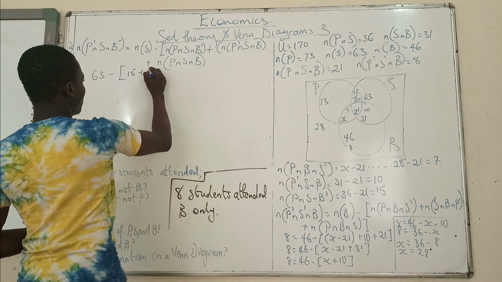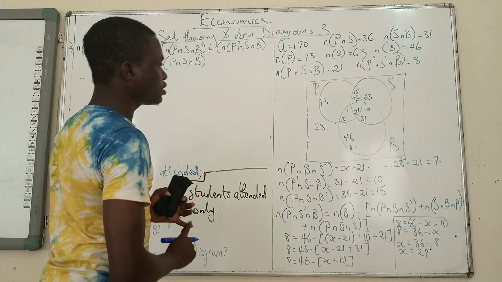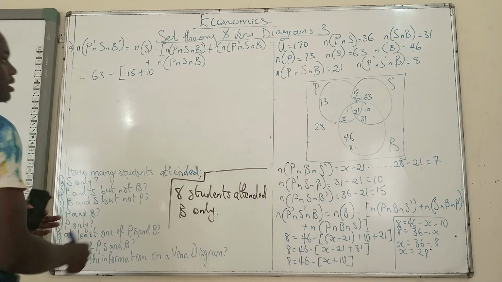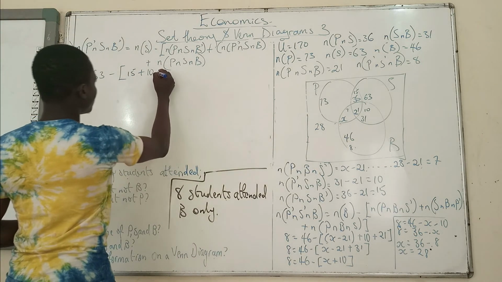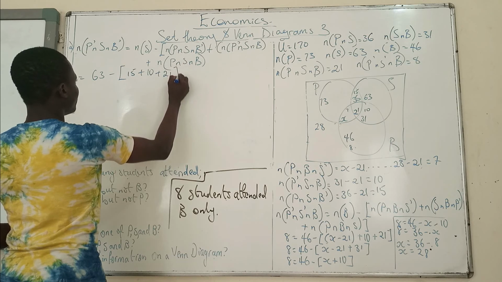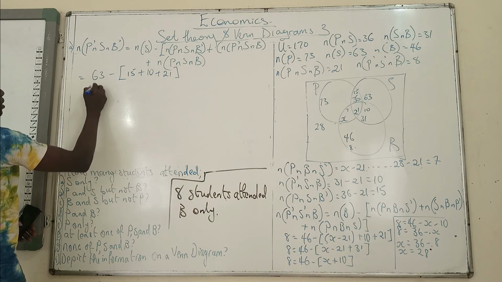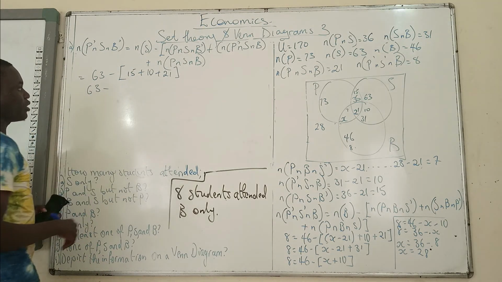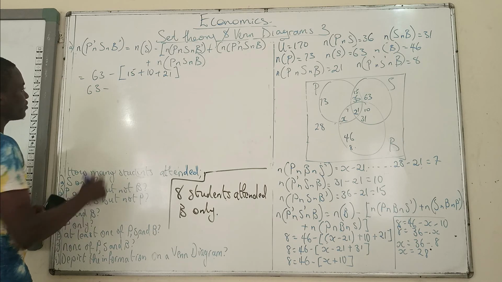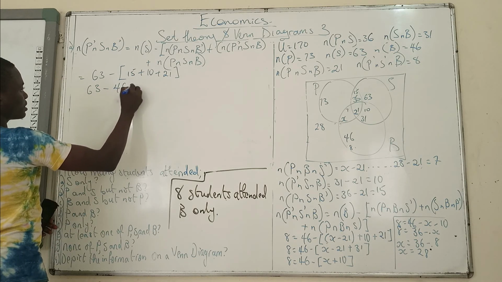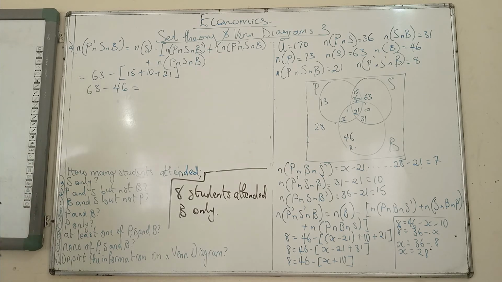Then plus those that attended all 3, which is 21. So 15 plus 10 is 25. 25 plus 21, of course, is 46.